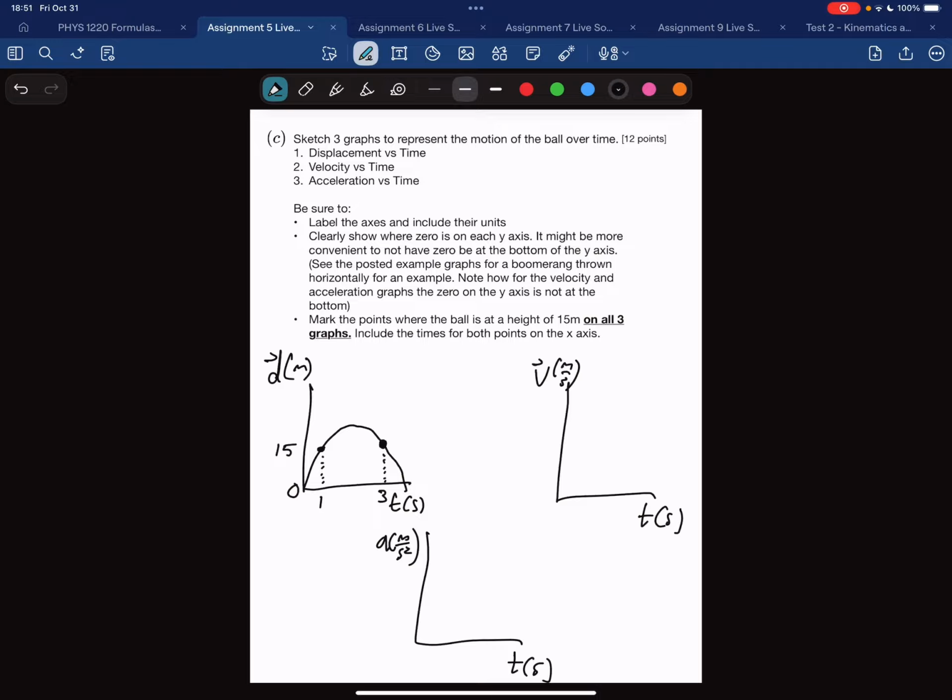Velocity. It's going to have an initial velocity of 20 when it first leaves a person's hand. So it's going to start up here at the top. We know that at the peak, it has to be at 0, because at the peak it's at rest.